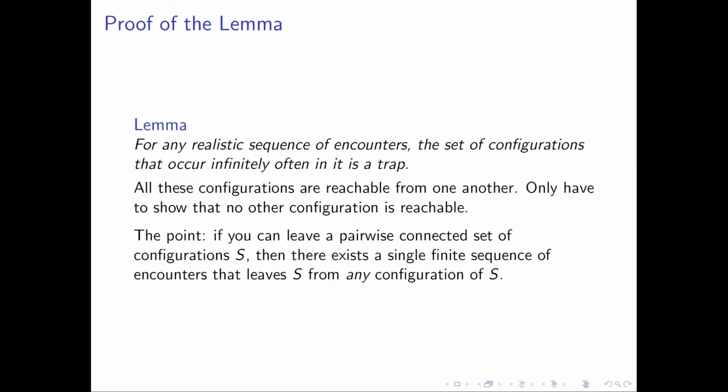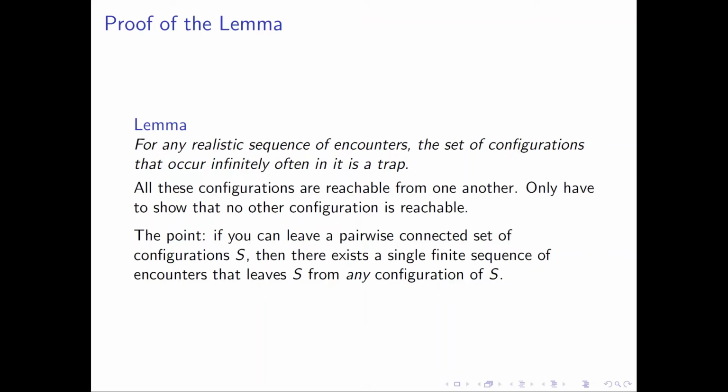If you can leave S, then there is some finite k such that you can leave S in k steps from any configuration of S. So if you just start picking your configurations at random, there is a positive probability that you will leave S in k steps.